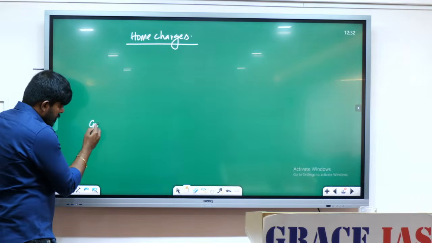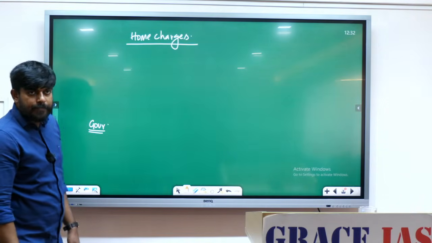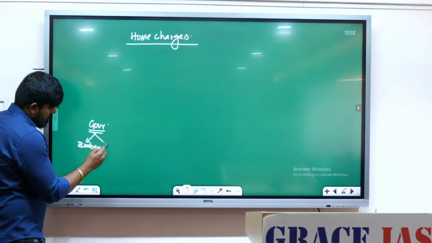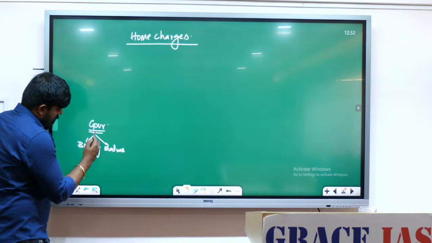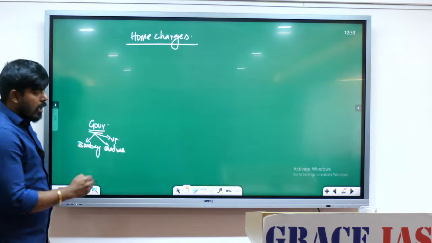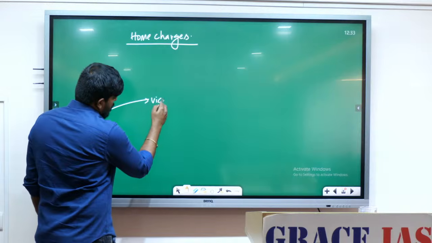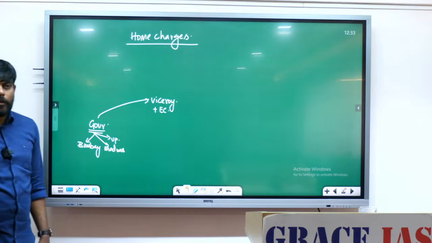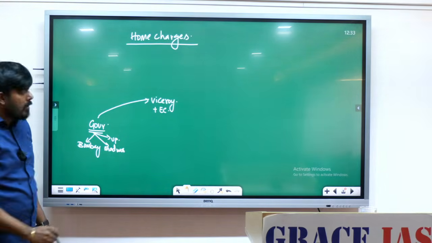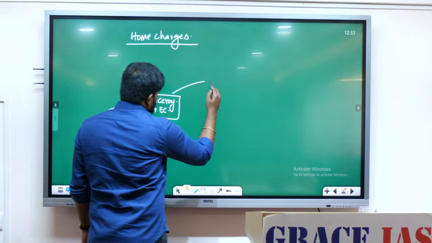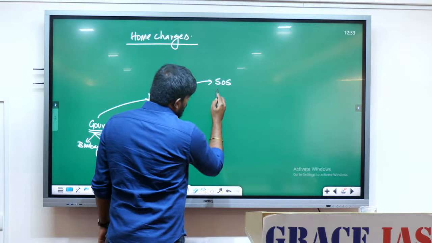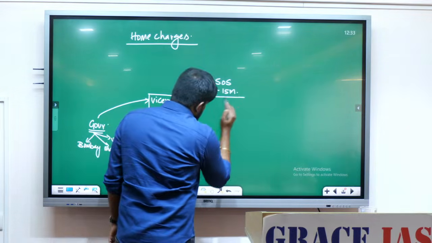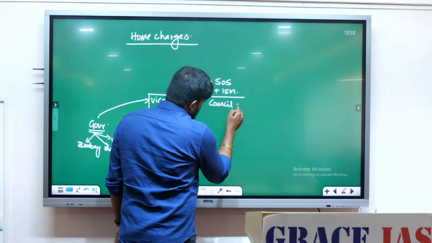See, in India, in British provinces, there were governors: governors of Bombay, Madras, Bengal, UP, CP, etc. Above governors, there was the Viceroy, and the Viceroy had an Executive Council. The Viceroy was the topmost British authority in India, and above the Viceroy, there was the Secretary of State, and the Secretary of State had a 15-member advisory council, called the Council of India.